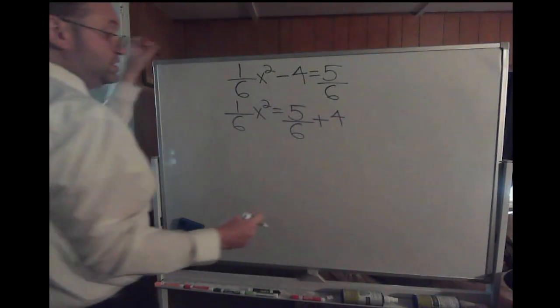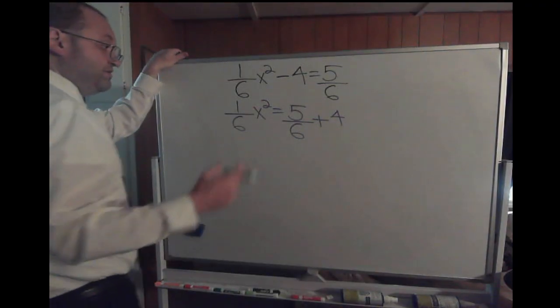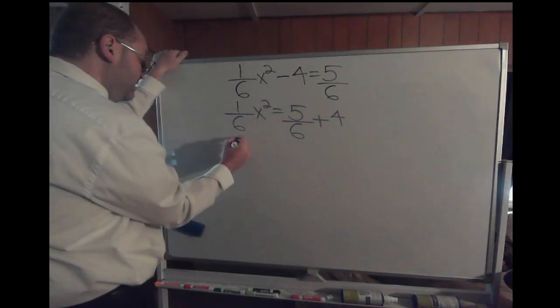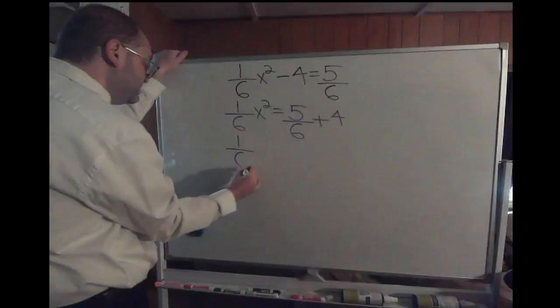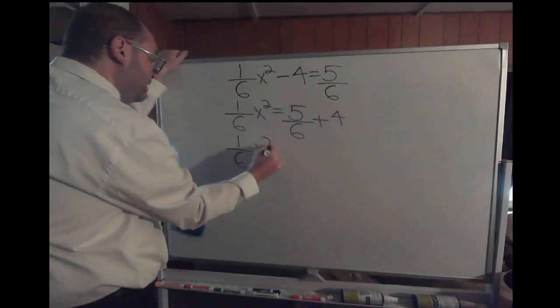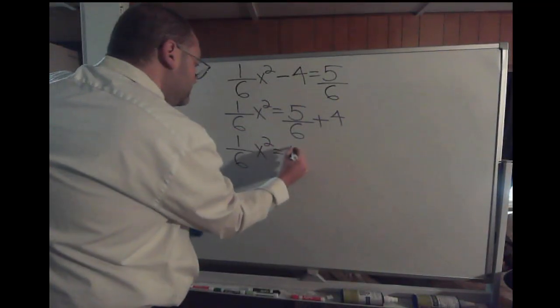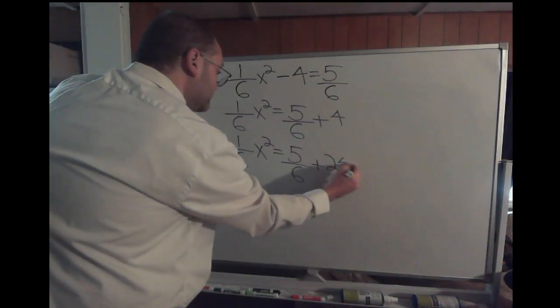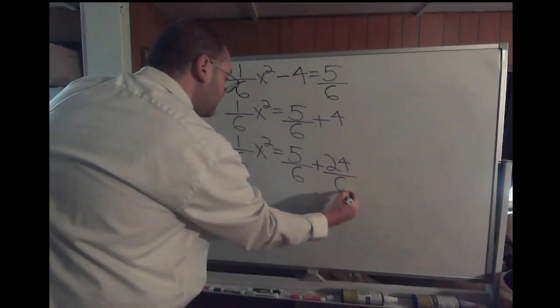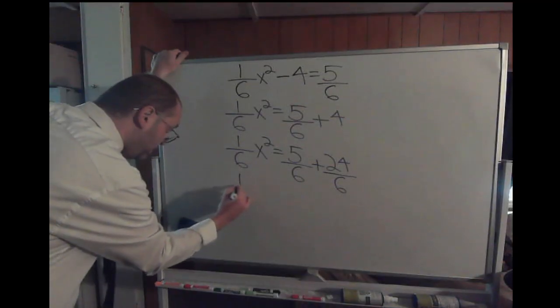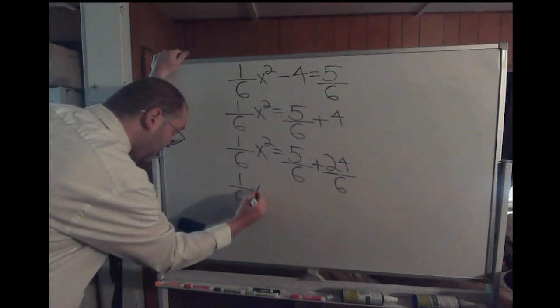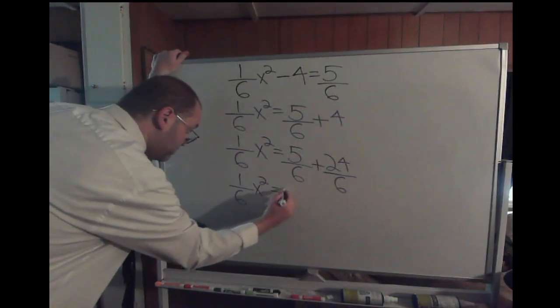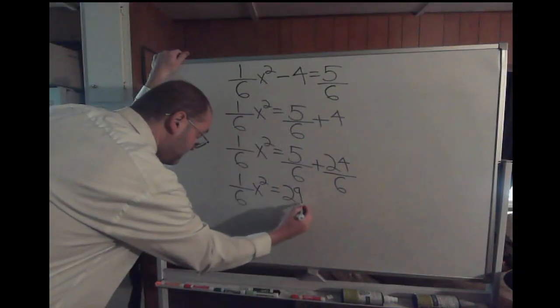Well, to have a denominator of 6, 4 would have to be 24/6. So 1/6 x squared is equal to 5/6 plus 24/6, which means now that 1/6 of x squared is equal to 29/6.